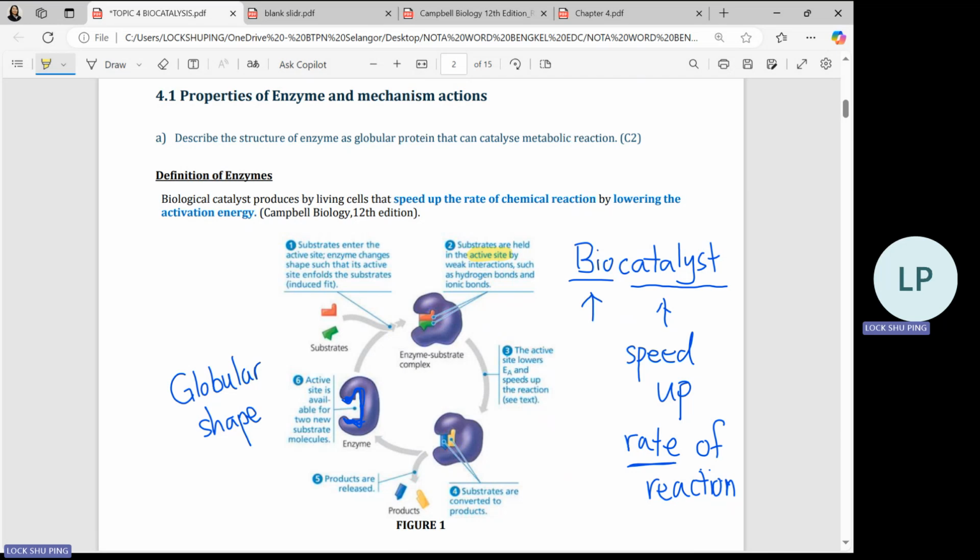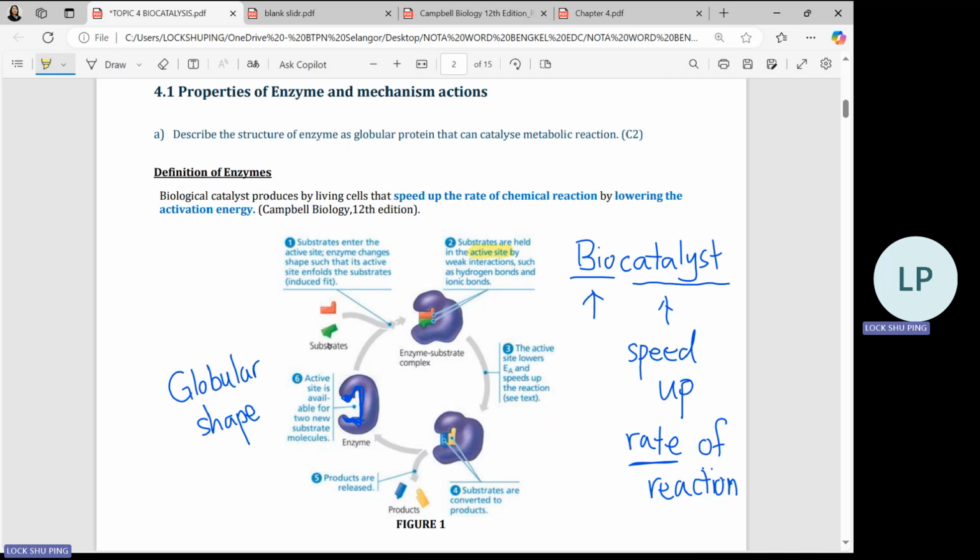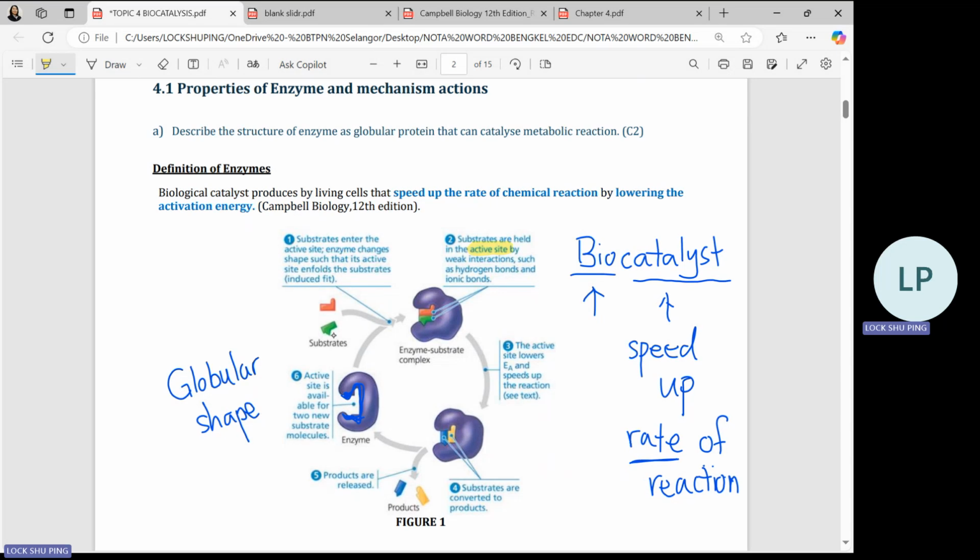Okay, the presence of the active site, after they bind with the substrate, is how they are able to speed up the rate of reaction: by lowering the activation energy. So by lowering the activation energy, the enzyme is able to speed up the rate of reaction.